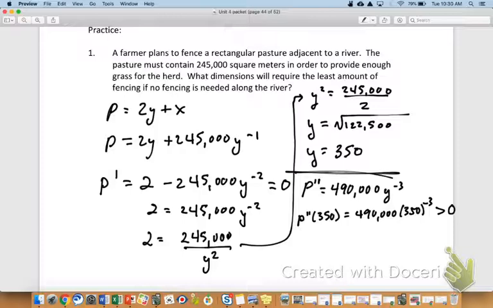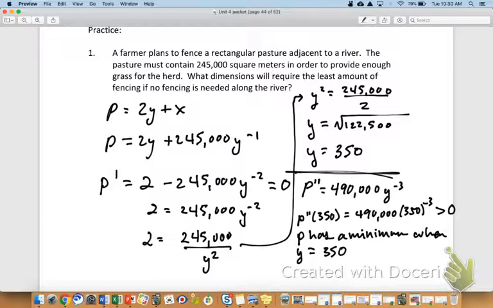So I can say, because the second derivative is positive at my critical point, that P has a minimum when y equals 350, and that's my conclusion, my justification. I do need to supply the other dimension, but as far as proving that I do indeed have a minimum at that particular data point, I've got it.